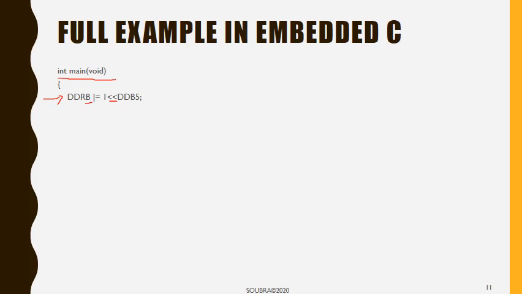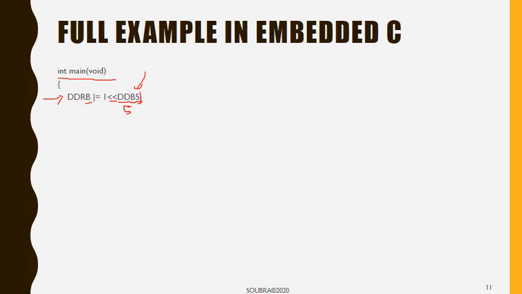So what am I doing? I have 1 here and I'm shifting it. How many times am I shifting it? Well, this represents the value 5, and you can guess it from the name, it's pin number 5 in the B port. And the B port has 8 pins, they go from 0 to 7, so this is number 5.